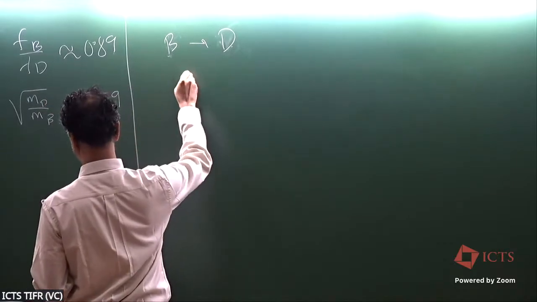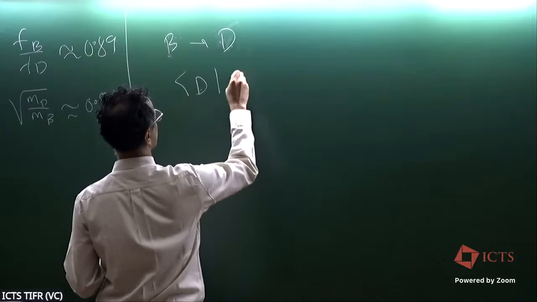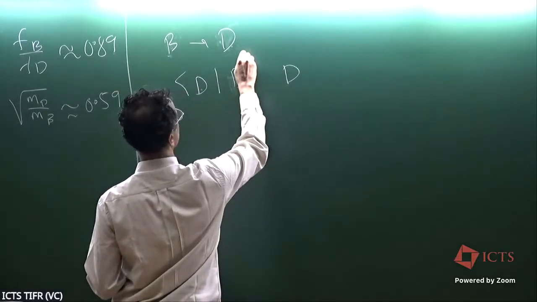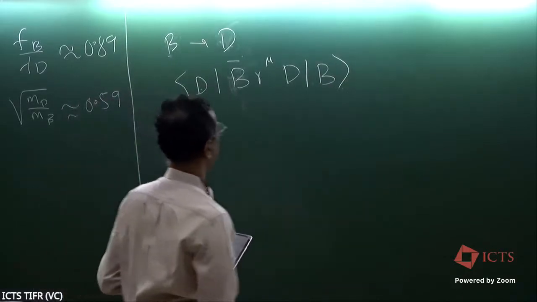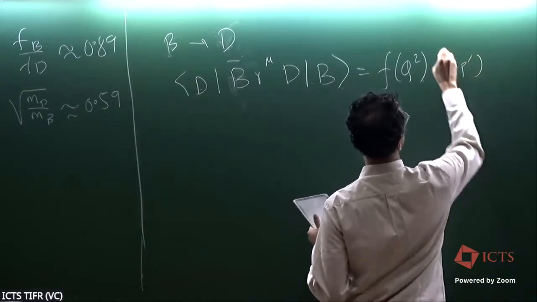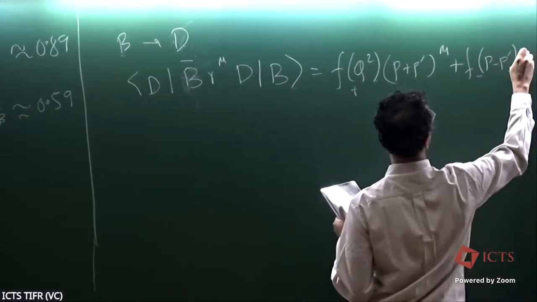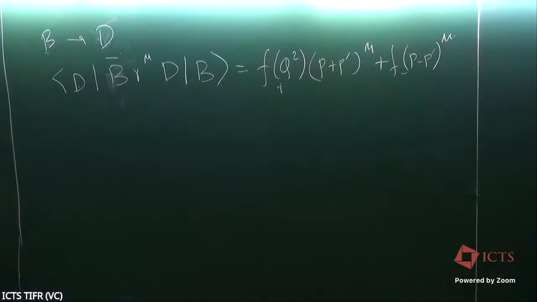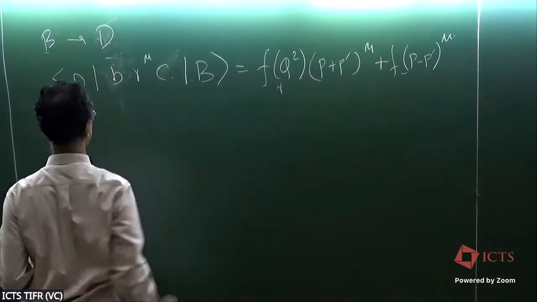So let's say I have things like D. And this will again be governed by some form factors.